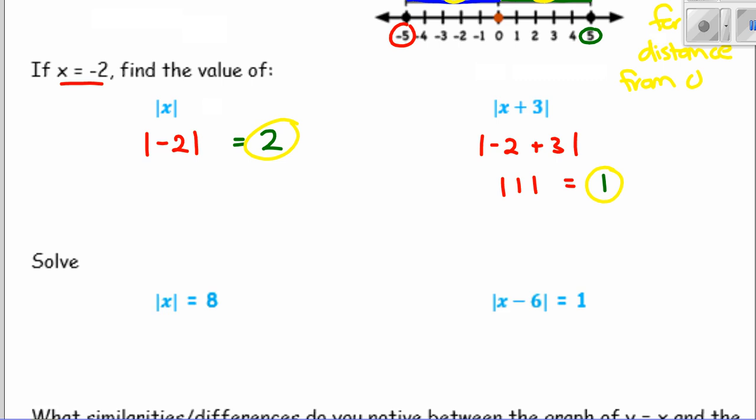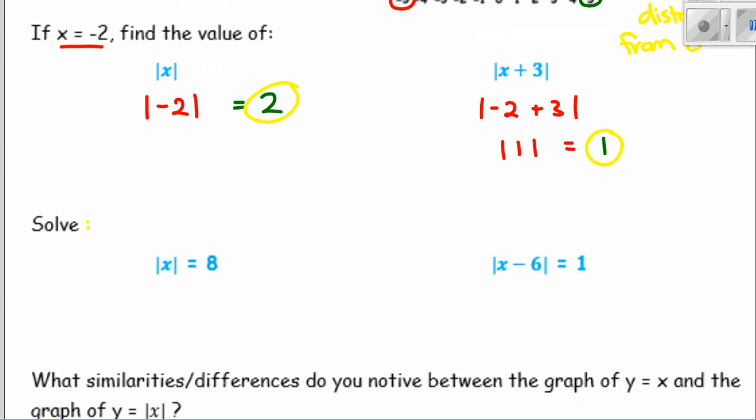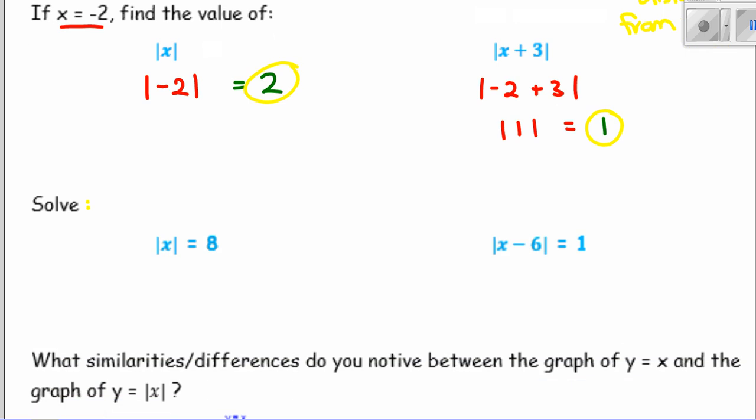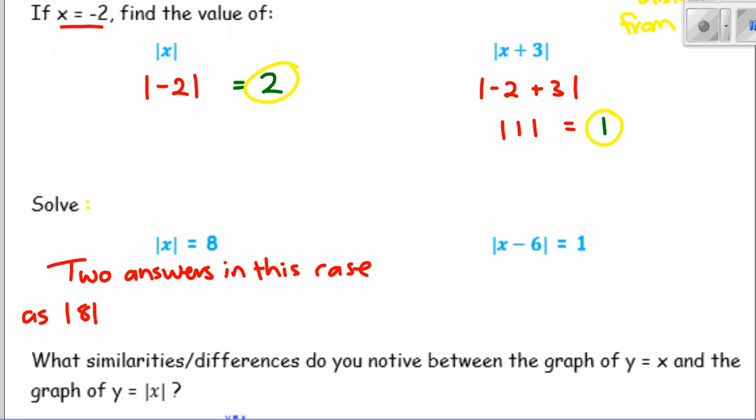Here's an example of solving ones. Okay, solving. If the absolute value of x equals 8, there are two answers in this case, as the absolute value of 8, of course, equals 8, and the absolute value of negative 8 equals 8.